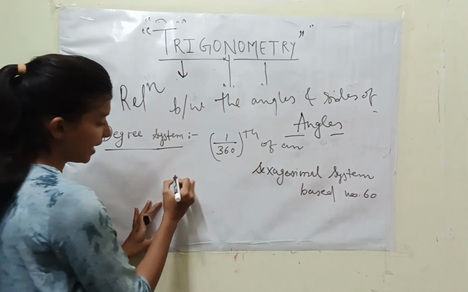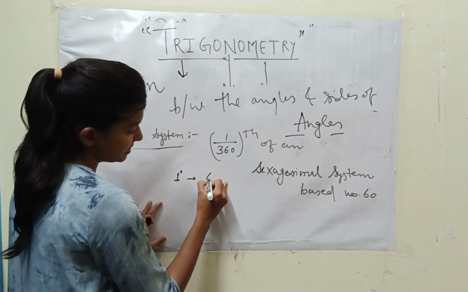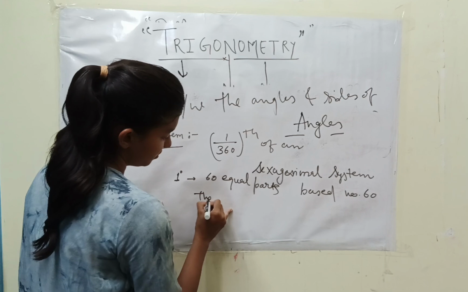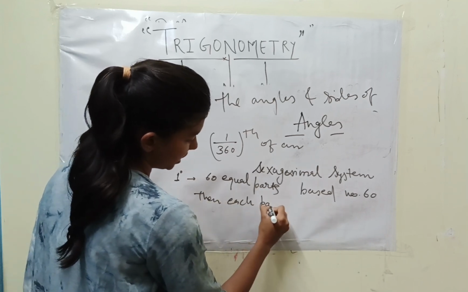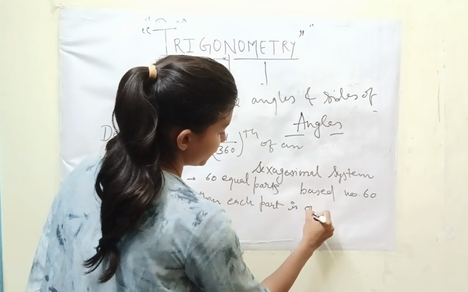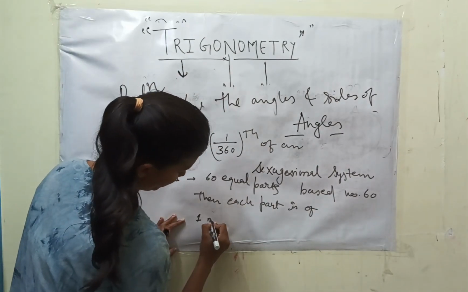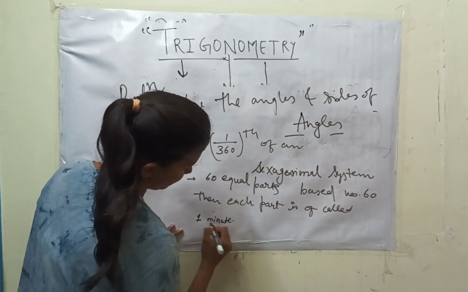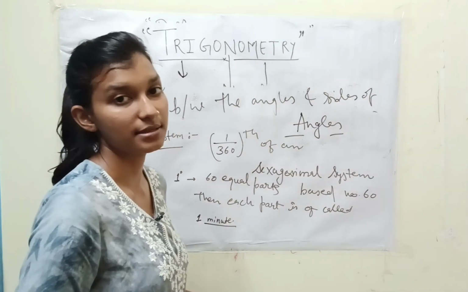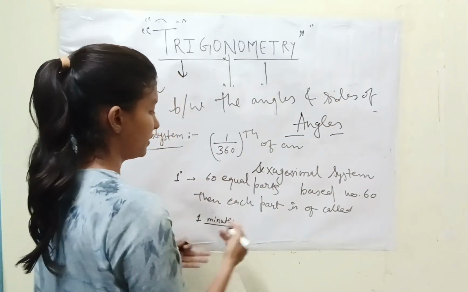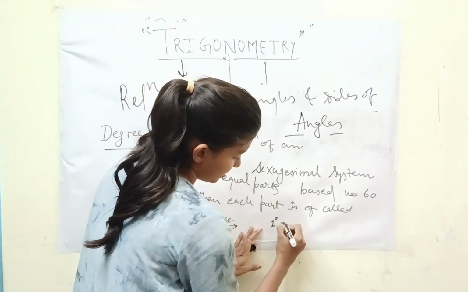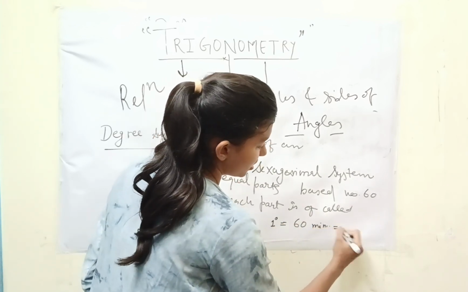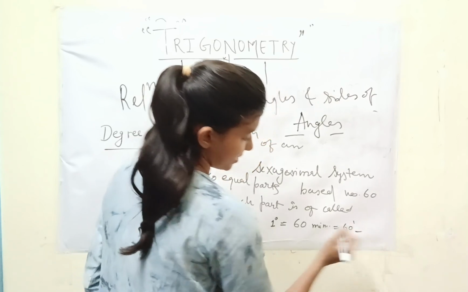Similarly, if we divide 1 degree in 60 equal parts, then each part is called 1 minute. Minute is another measurement unit for angles. So here we can conclude 1 degree contains 60 minutes, and a minute is written with a single dash.